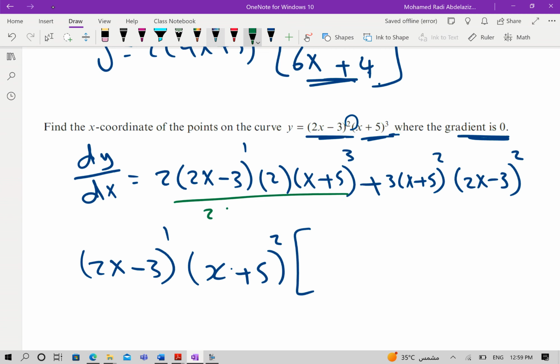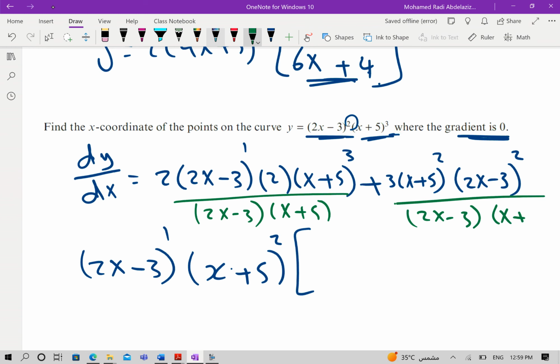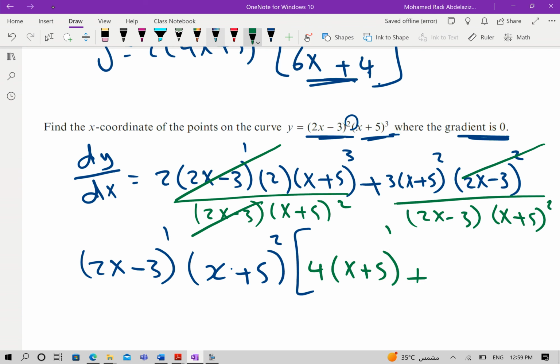We'll divide by (2x minus 3) multiplied by (x plus 5) to the power of 2, right? Then start to simplify. Cancel this with this. So 2 times 2 is 4. When you subtract 3 minus 2, left (x plus 5) to the power of 1. Plus, cancel this, so (2x minus 3) left. Cancel (x plus 5) with (x plus 5).